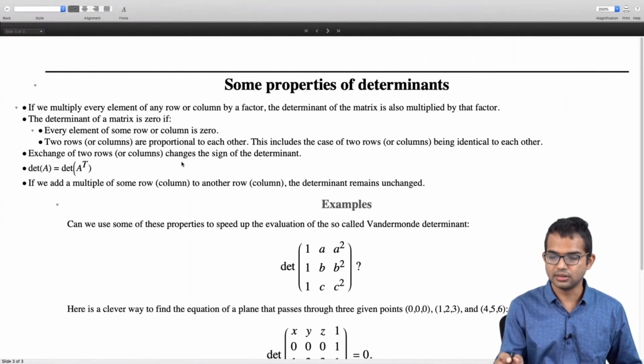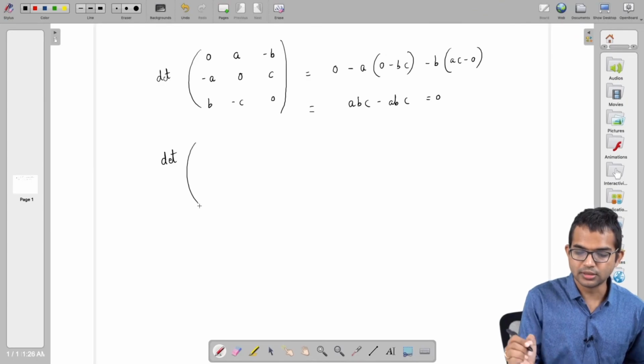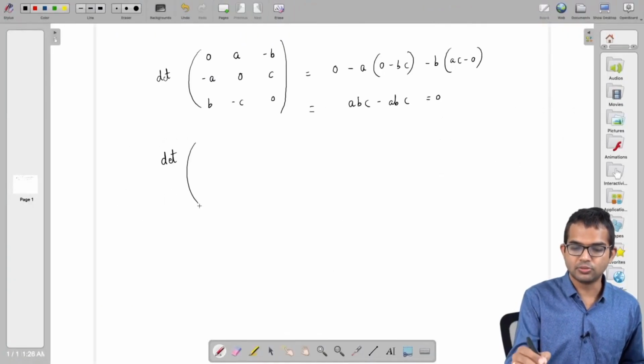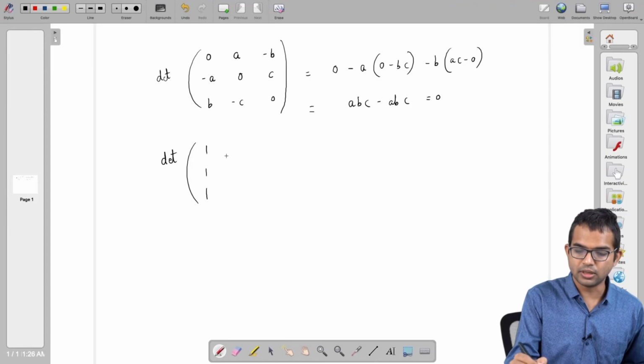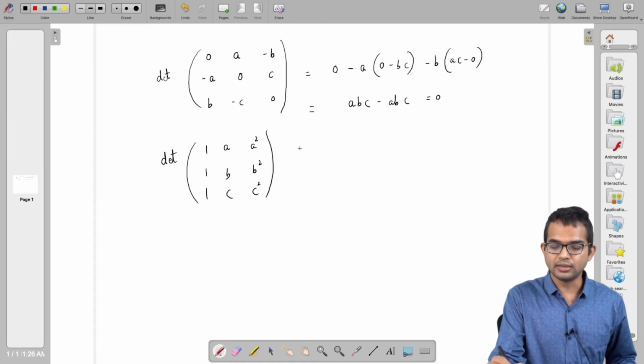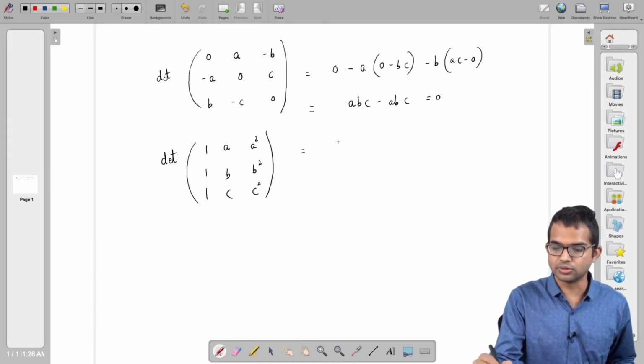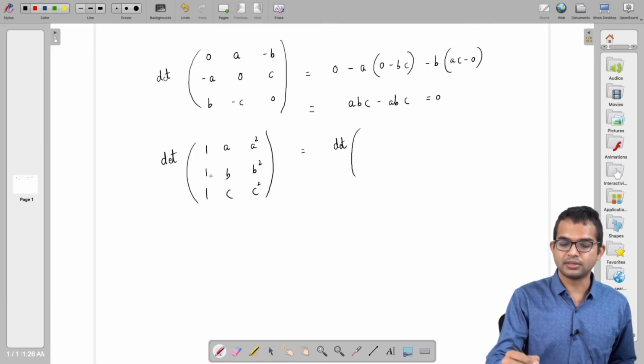But let's look at the so-called Vandermonde determinant. So you have the determinant of this matrix: 1 1 1, A B C, A squared B squared C squared, right? We can go ahead and subtract the second row from the first row.